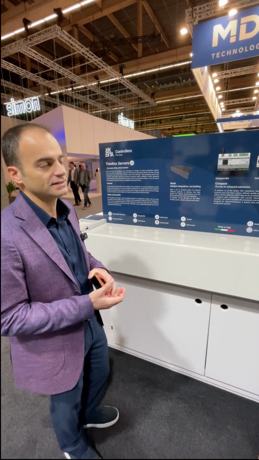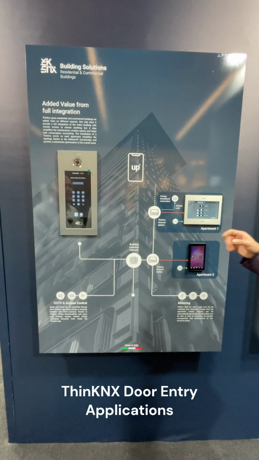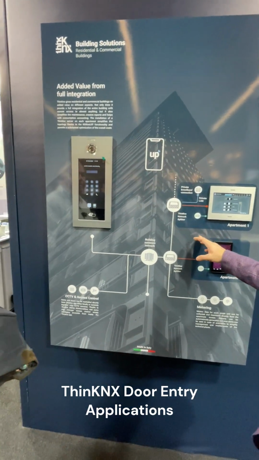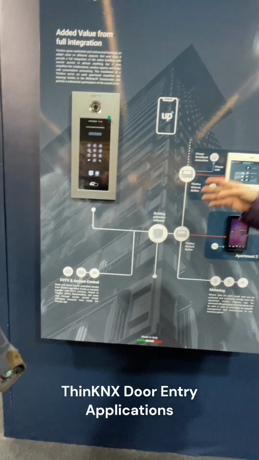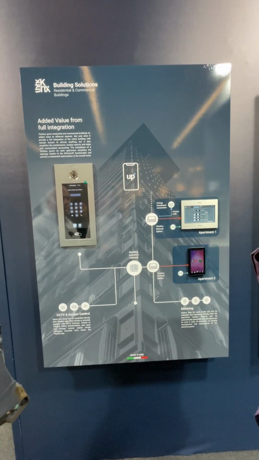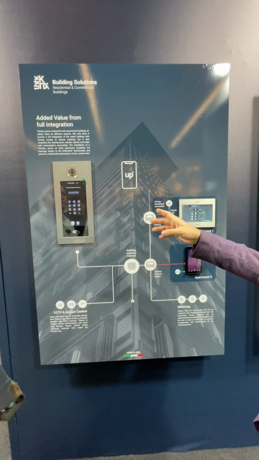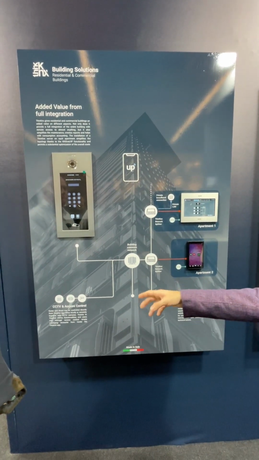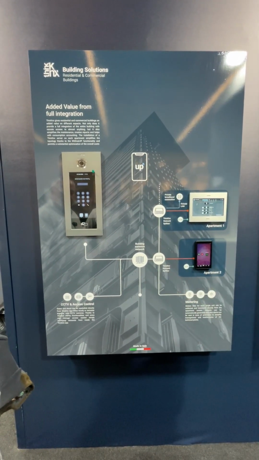Here it's all integrated. Here we are just showing some application of ThinKNX in a building environment when you have several apartments and you want to share, for instance, services like doorcom or other services like CCTV, access control and so on.